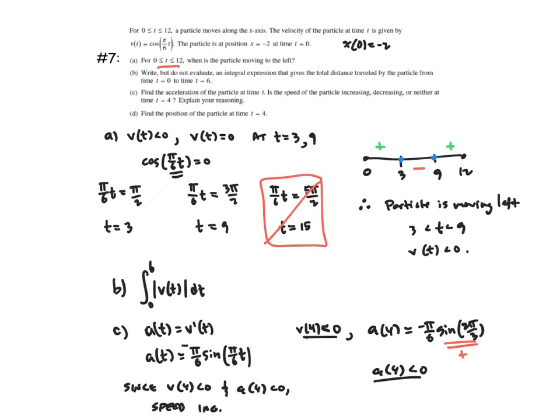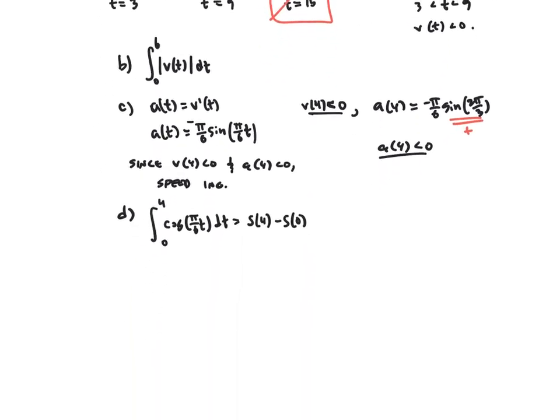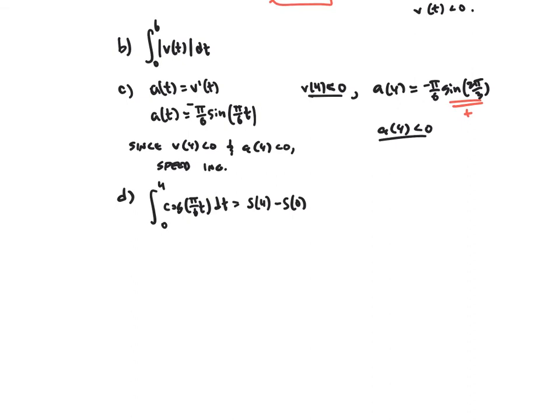Yes, it gives me the initial position, x of 0. I should use x because it prompts me with that. x of 0 equals -2. Therefore, x of 4 will equal x of 0 plus the integral from 0 to 4 of cosine of pi over 6t dt. So our position at time 4 will equal -2 plus the integral.